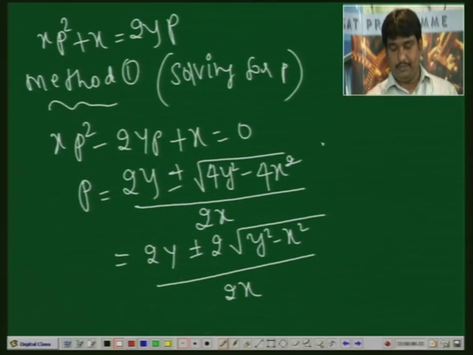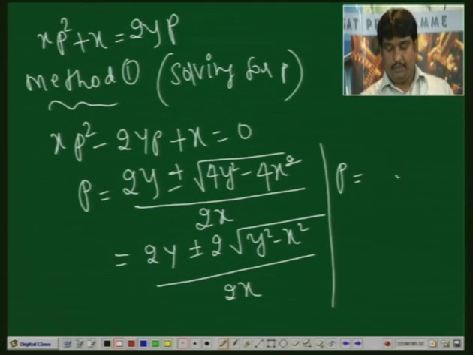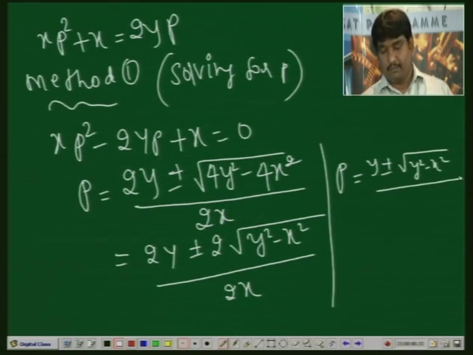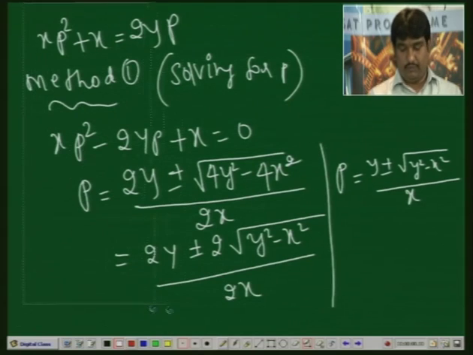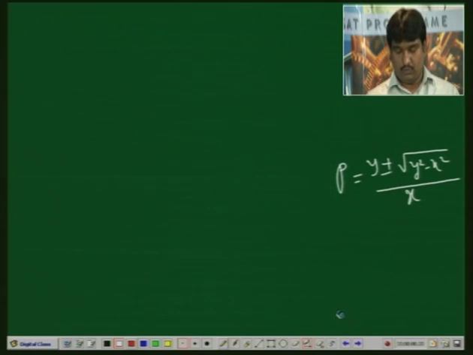So what is p here? P is divided by 2, cancel 2 here to get y plus or minus root of y square minus x square divided by x. So we have 2 factors here. We have to solve this. I'll consider one factor.